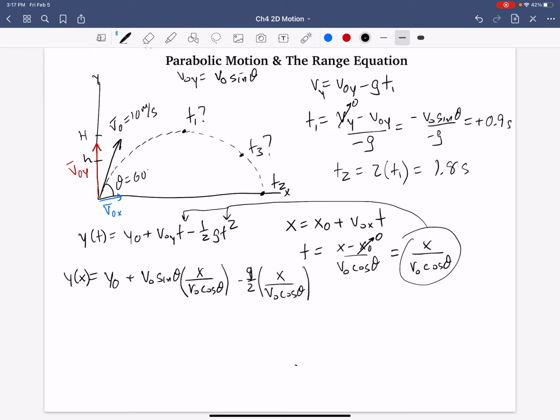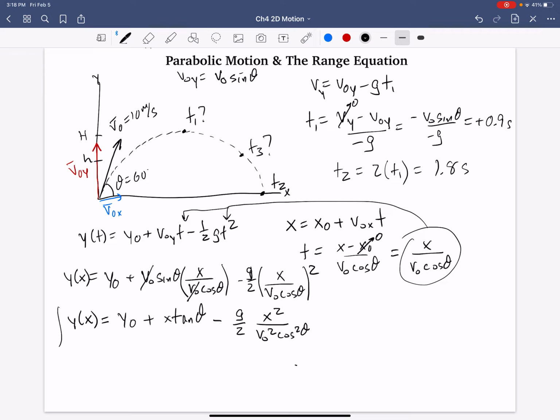And again, we can do this because it's the same time in both axes, in both dimensions. So here, the v naughts go away, and sine over cosine is tangent, so I'm going to put x times tangent, and then subtracting the last term, x squared over 2 v naught squared cosine squared.